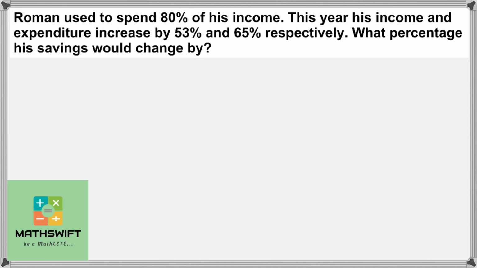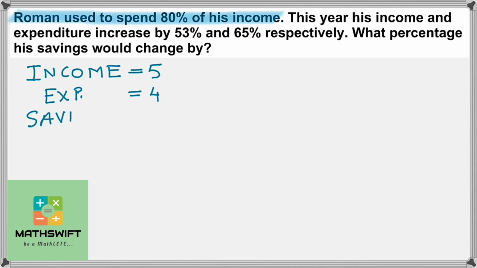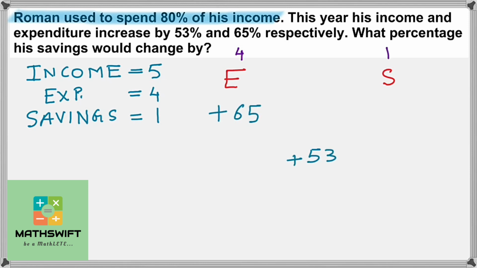The information given in the question can be written in a similar manner. We draw a similar type of diagram like we did in the previous video. E represents expenditure and S savings.